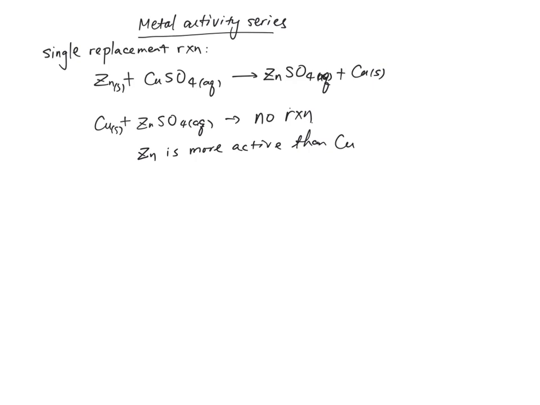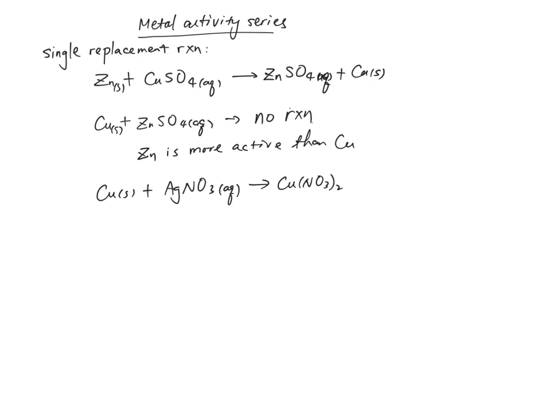Now, for example, when you put copper into a zinc solution, nothing happens. But then people find out, if I put solid copper into a silver nitrate solution, okay, so copper into a clear colorless solution, silver nitrate is colorless, little by little people observe that the solution is turning green.